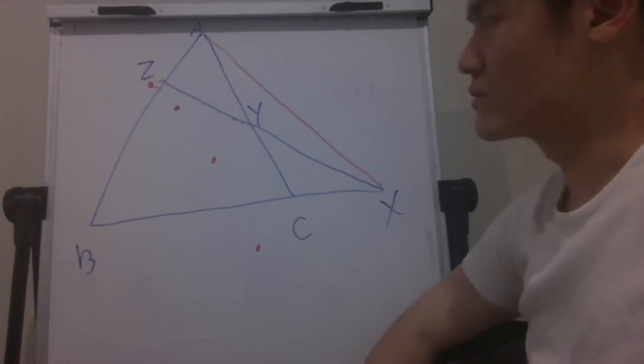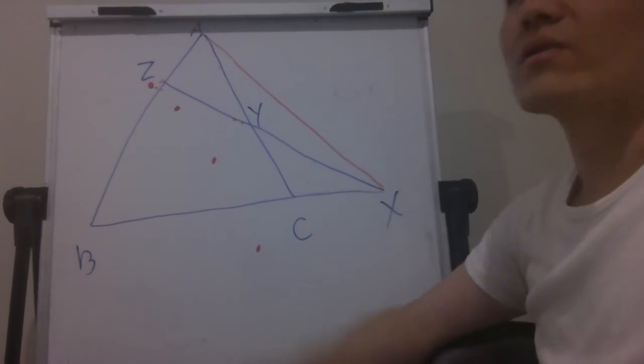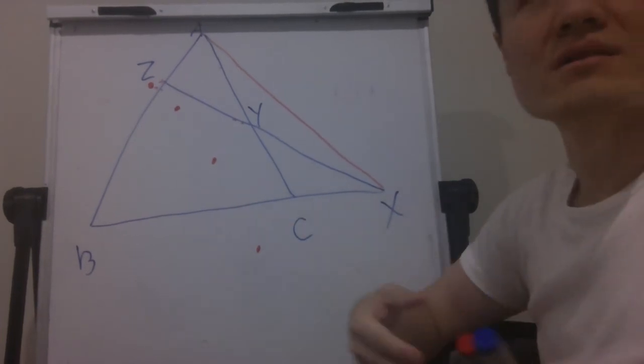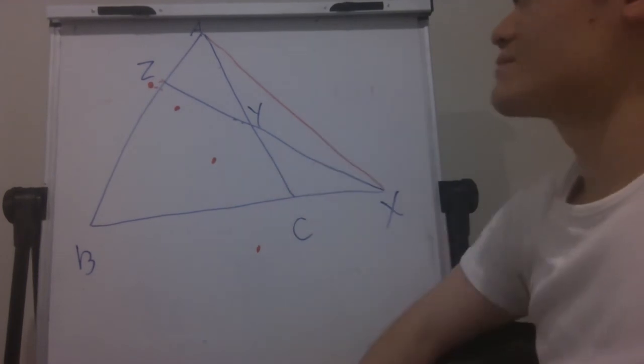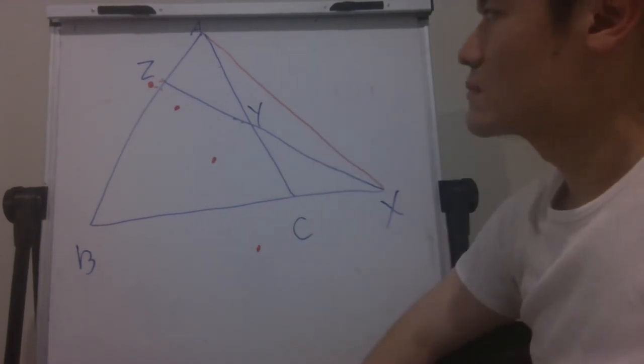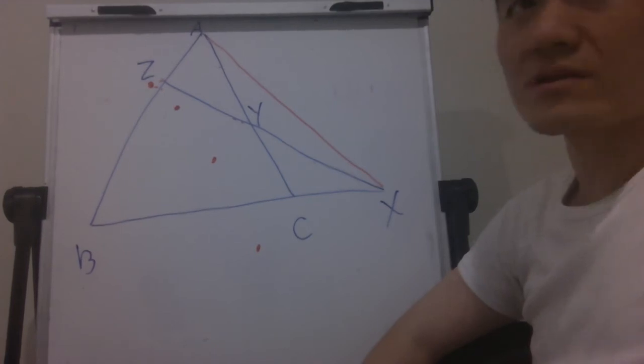So it's possible to have a situation where you don't just have one radical center for three circles on triangles. Isn't there always a radical center for any three circles, if they're not parallel?